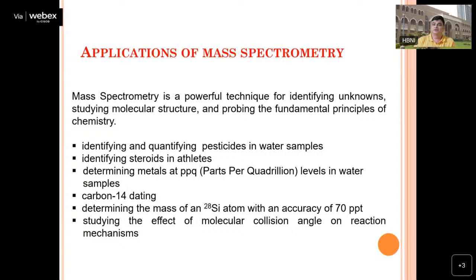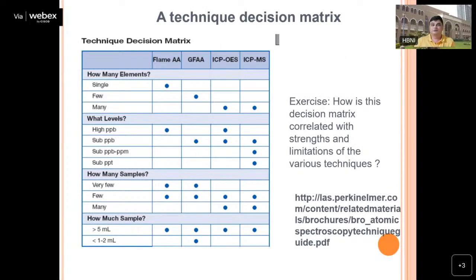Then there is determining the mass of a silicon-28 atom with an accuracy of 70 ppt, and studying the effect of molecular collision angle on the reaction mechanism. This is a comparative decision-making matrix for which instrument has to be used. When you are using a single element, it's better to use the FAS.